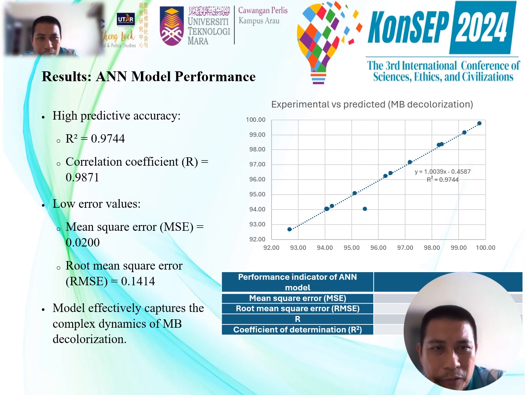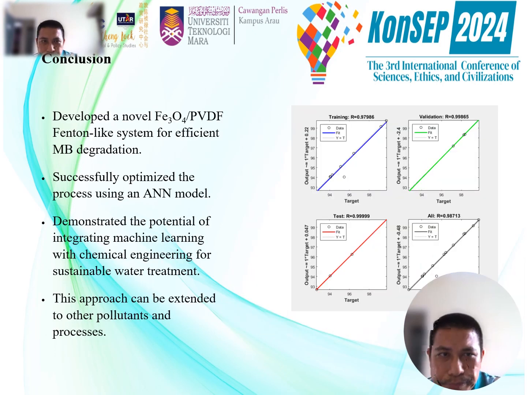In terms of model performance indicators, the mean square error demonstrated a very low error of 0.02, as well as a root mean square error RMSE of 0.1414. What we can conclude here is the model effectively captures the complex dynamics of methylene blue decolorization, and using the algorithm, we managed to predict the methylene blue decolorization effectively.